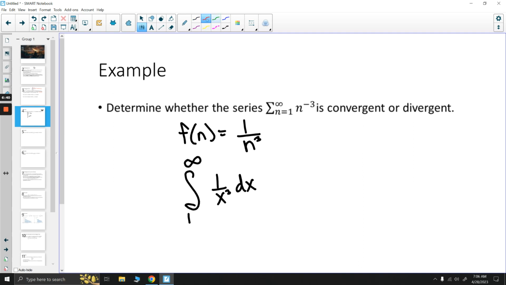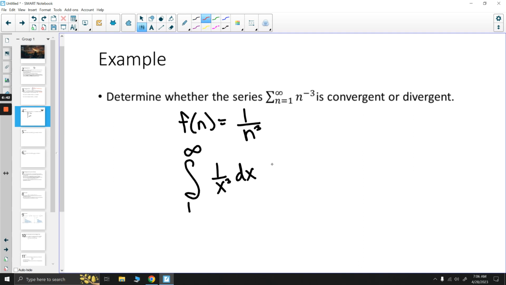Okay, so if you recall, our improper integral is the limit as t approaches infinity, or any variable, it doesn't really matter, of the integral from 1 to t of 1 over x cubed dx. So we're going to integrate this, and it's probably easier in this form. Increase the exponent by 1, so that would be x to the negative 2 divided by negative 2.